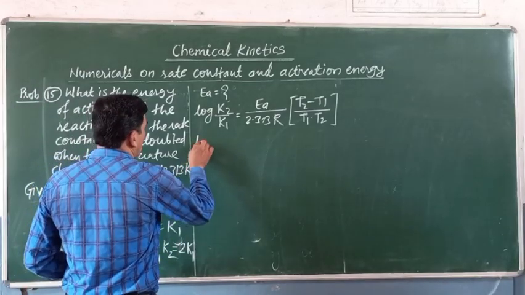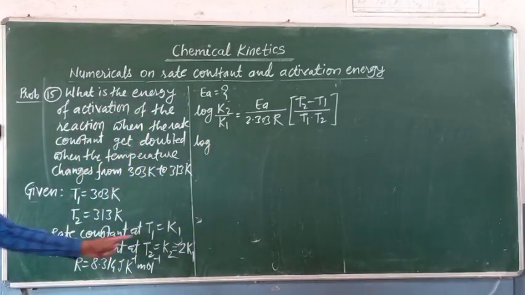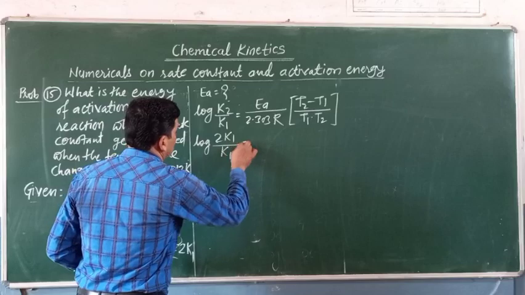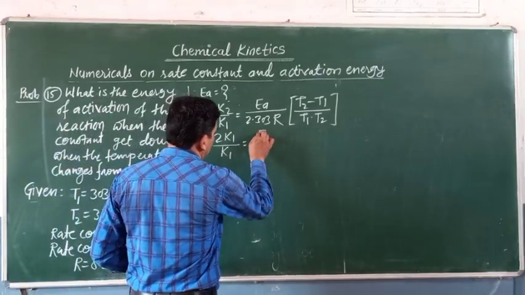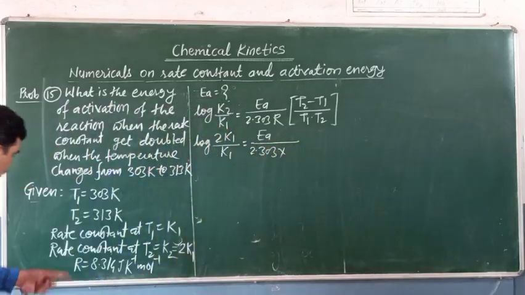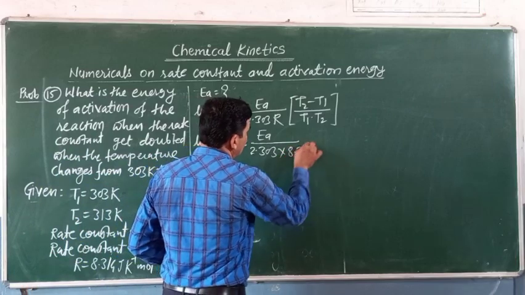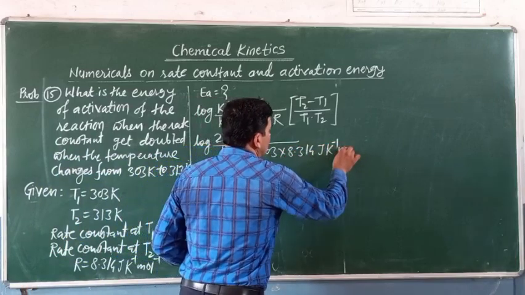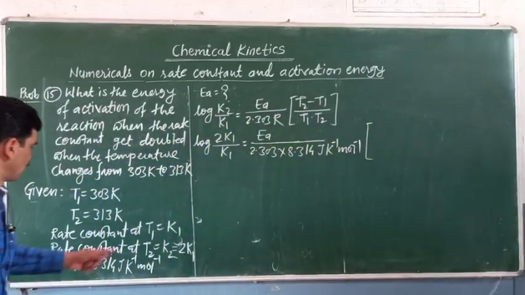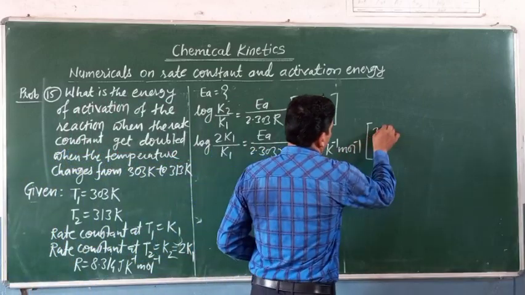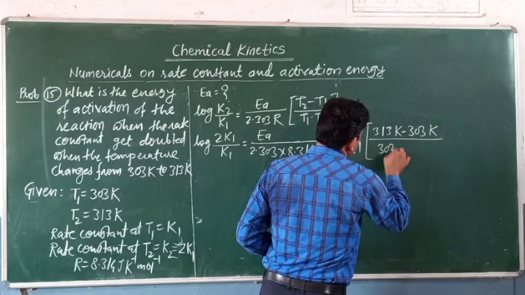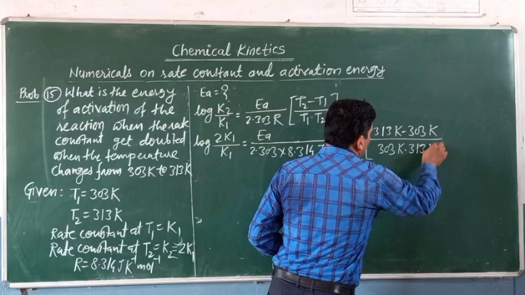Now here log of K2 by K1, but the value of K2 is 2 times K1, therefore 2 K1 upon K1 equal to EA, the energy of activation which is to be determined, upon 2.303 into molar gas constant 8.314 joule per Kelvin per mole, in bracket T2 minus T1 upon T1 T2. So T2 is here 313 Kelvin minus 303 Kelvin upon 303 Kelvin into 313 Kelvin.